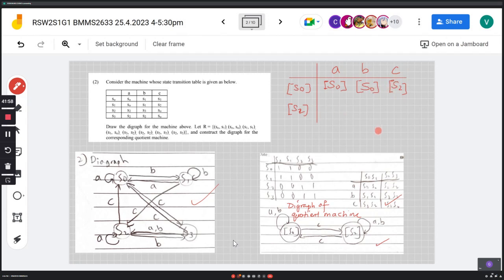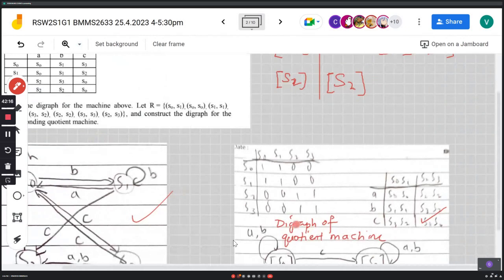And for S2 here, after you look at these three here, S2 after the input N, what is the step? S2. Right? This one? You see or not? See, this is S2. And then after the input B, S2 change to S3, right?